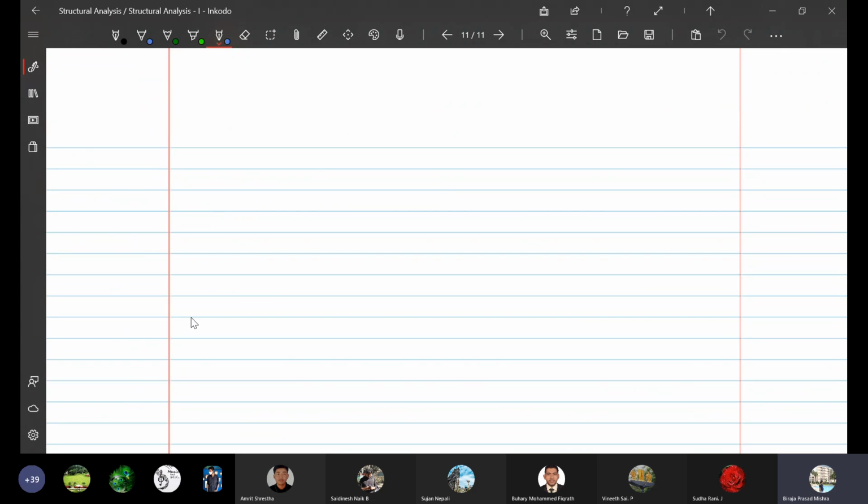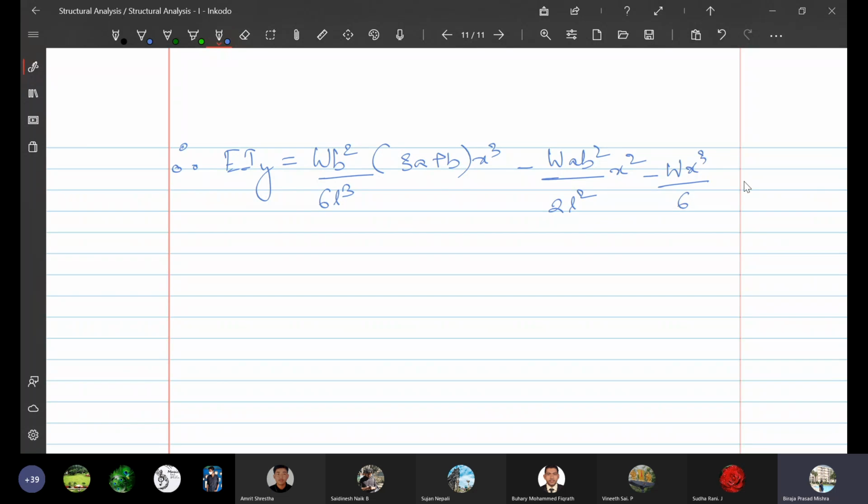So let us write here, therefore, EI into y equals WB square divided by 6L cube into 3A plus B into x cube minus WAB square divided by 2L square into x square minus wx cube divided by 6 plus WAx square by 2. Please correct me if I'm wrong anywhere. Okay, this is the final value.